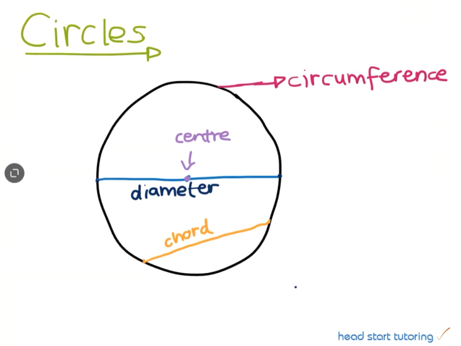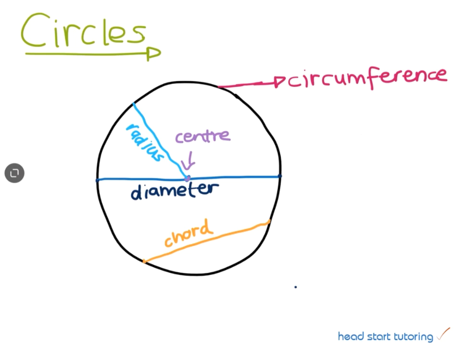Right, then we have a line that runs from the center of your circle to the edge of your circle, and that is called the radius. So the radius of your circle runs from one edge of the circle to the center point of your circle.